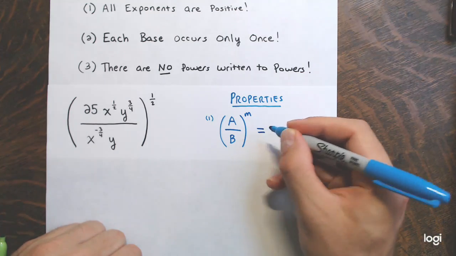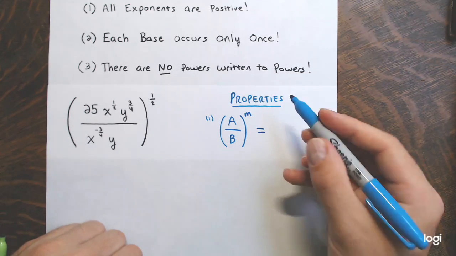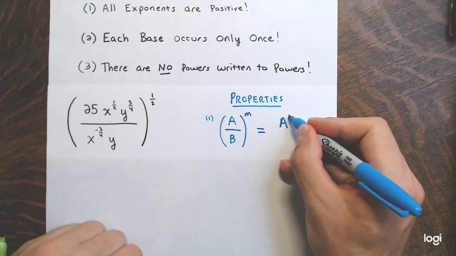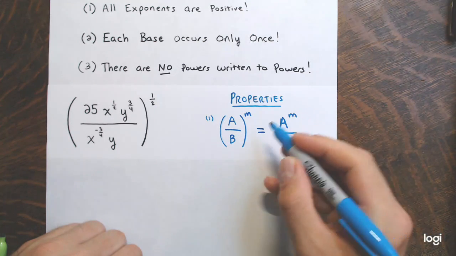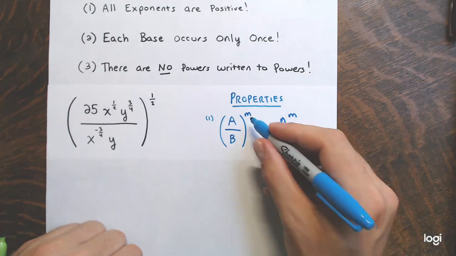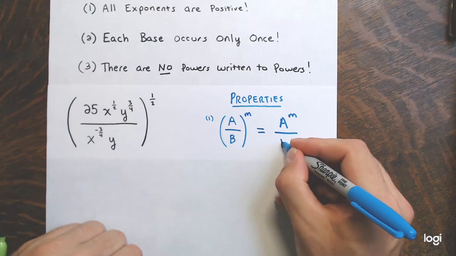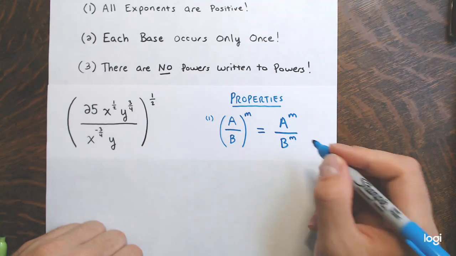This is equivalent to the numerator to that power, so a to the mth, divided by the denominator to that power. You can put the power on the numerator and denominator separately, and they will be equal.